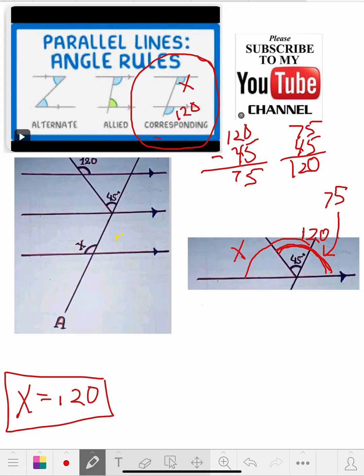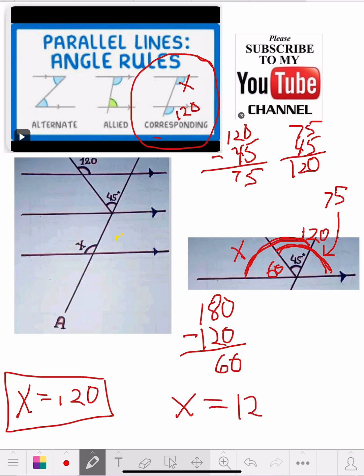So we know 180 is the whole straight line minus the 120, 60 is this one. But we know x, the whole thing here, is 120. So x equals 120.